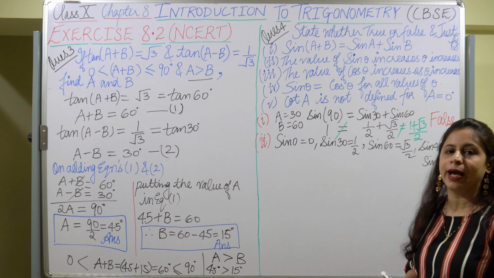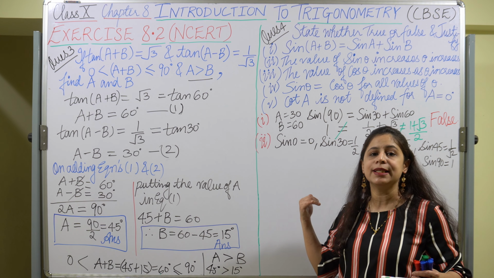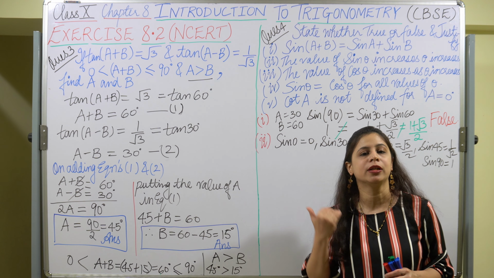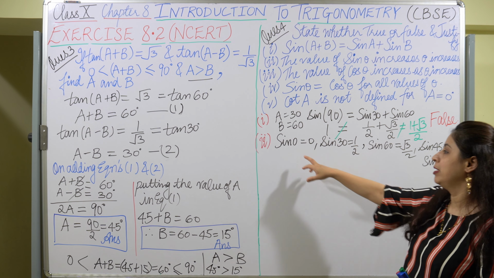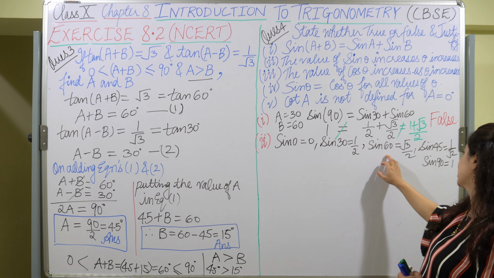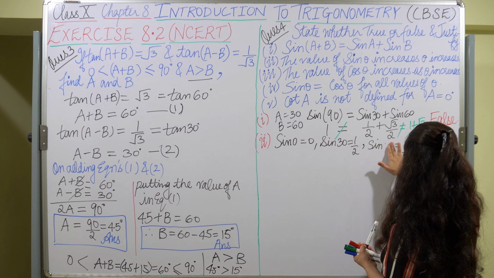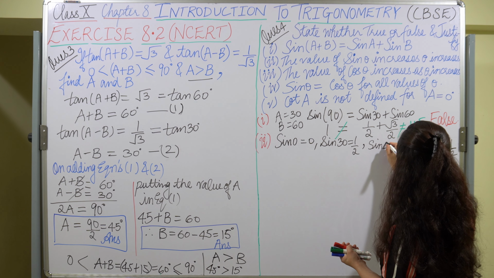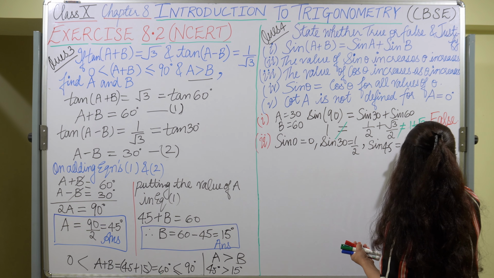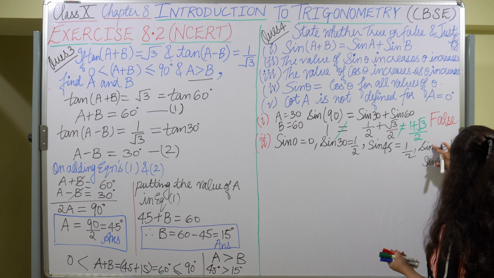So this is true that as the theta is increasing, sin theta is also increasing. Okay, I should write 45 first, and then I should write the 60. No problem.